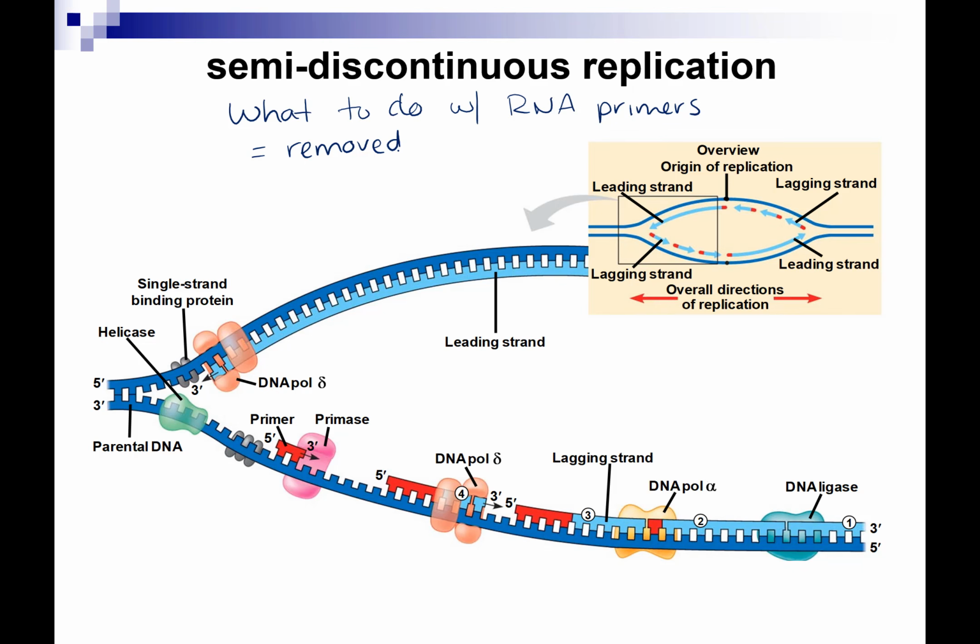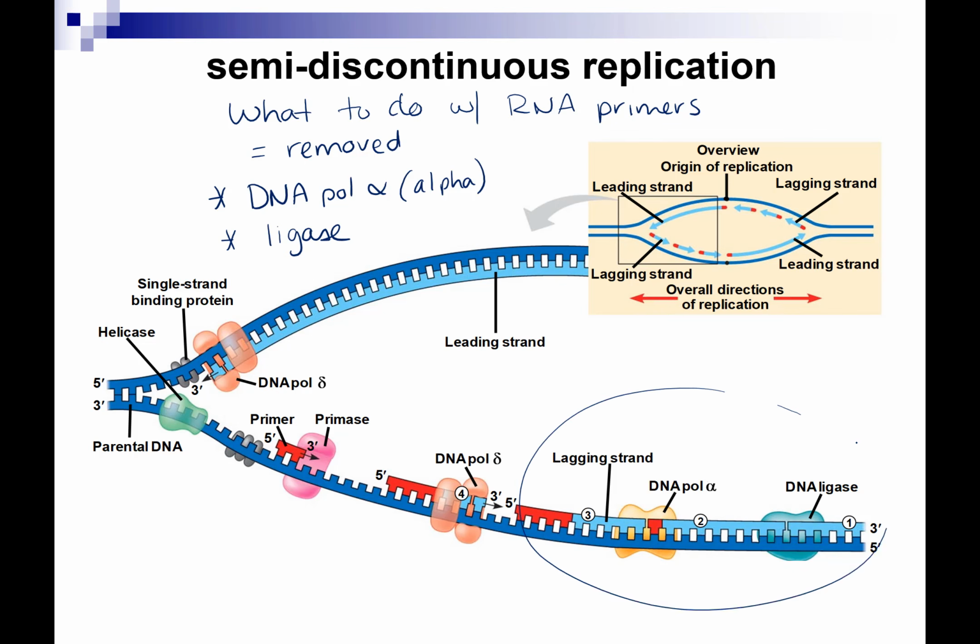So we have two important enzymes to talk about next. We have DNA polymerase alpha, and we have an enzyme called ligase. Okay. So let's look down at this bottom strand here.